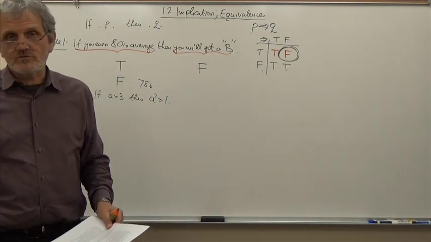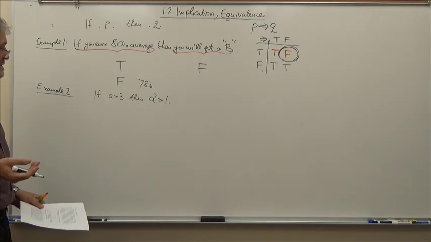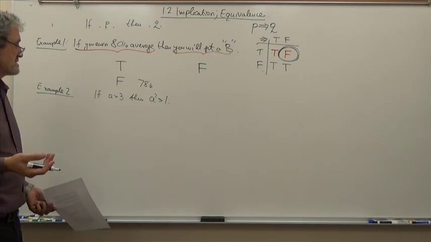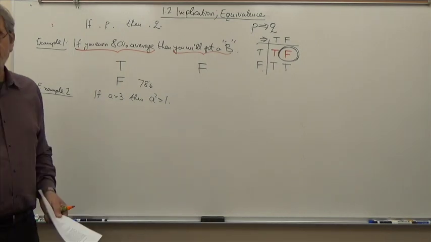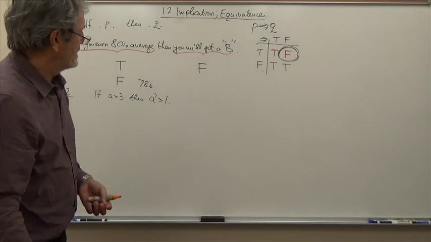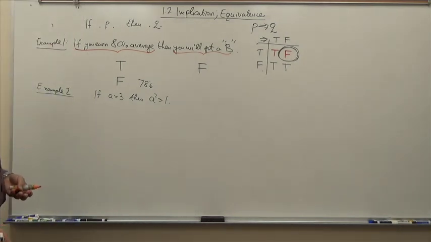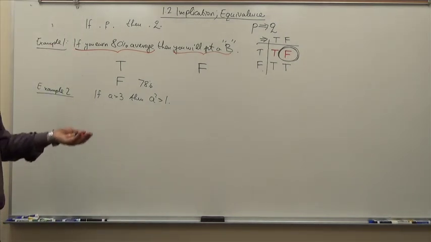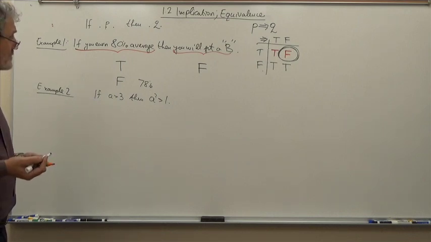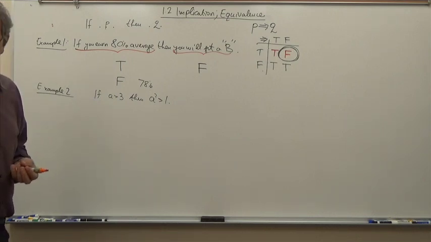I would say that most of you will say, yes, I know that's true. If a number is greater than 3, then the square of that number is greater than 1, because a number bigger than 3 times a number bigger than 3 is bigger than 1 for sure. So I say this is always true.